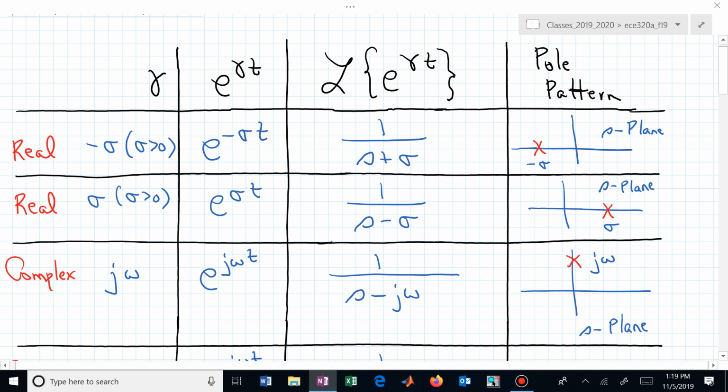Minus sigma, and I'm saying sigma is a positive number, so minus sigma is negative. I never know what's the best way to express that, but I'm hoping this is like e to the minus 6t or e to the minus 4t. What is its Laplace transform? It's 1 over s plus 4 or 1 over s plus 6 for e to the minus 4t or e to the minus 6t.